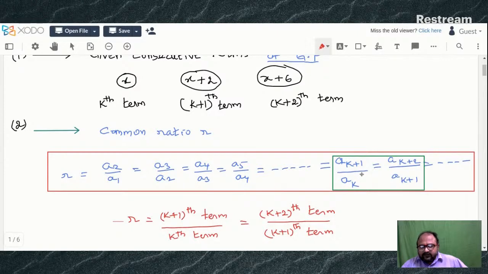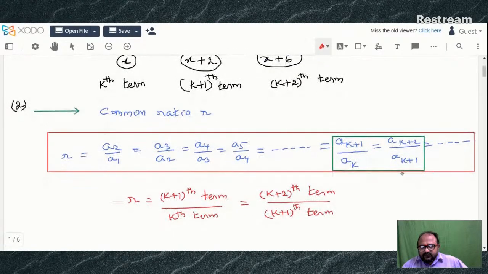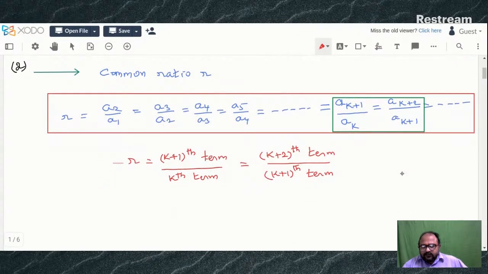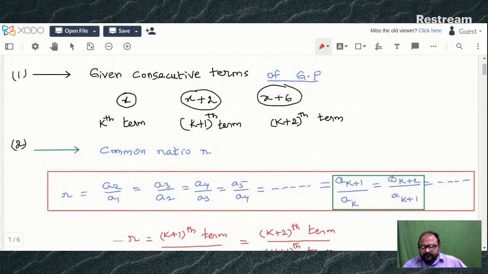From this, what is k plus 1th term? k plus 1th term is x plus 2.